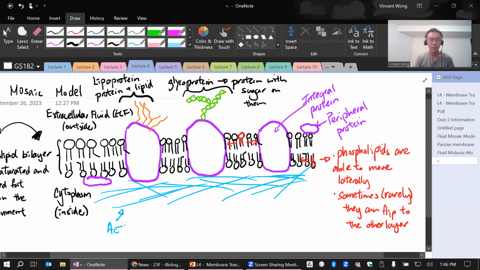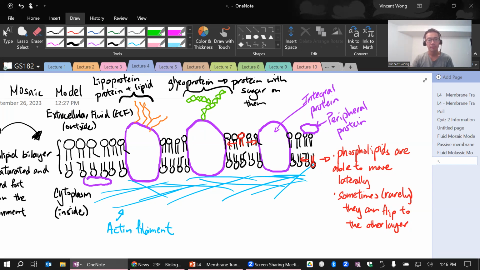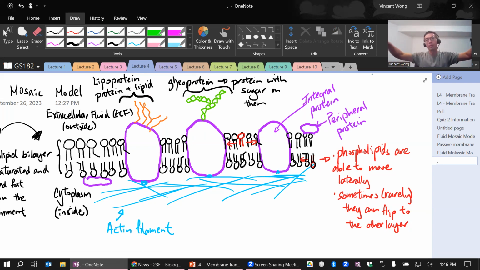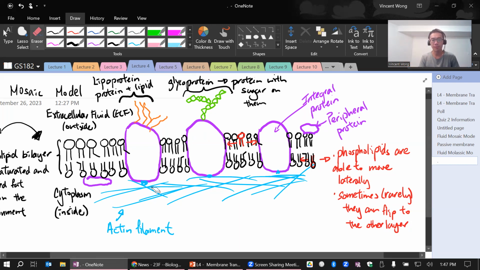So these are the actin filaments. They allow the proteins to attach onto them. Think of the membrane as like a tarp. If you go on a picnic at the beach, you put the tarp down and then you want to anchor it into the sand, into the soil. Otherwise, when the wind comes, the whole thing is going to flip. Same thing with the cell membrane. You need to anchor it, and that's what these actin filaments are for.